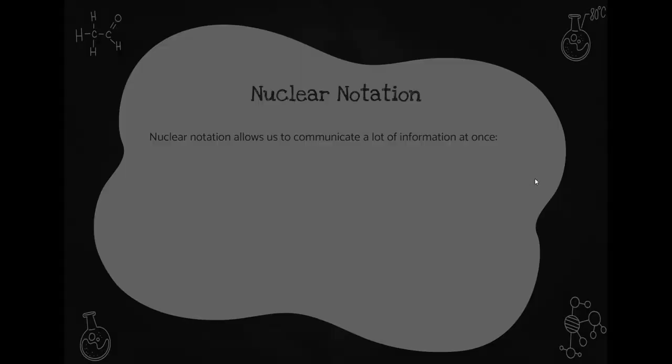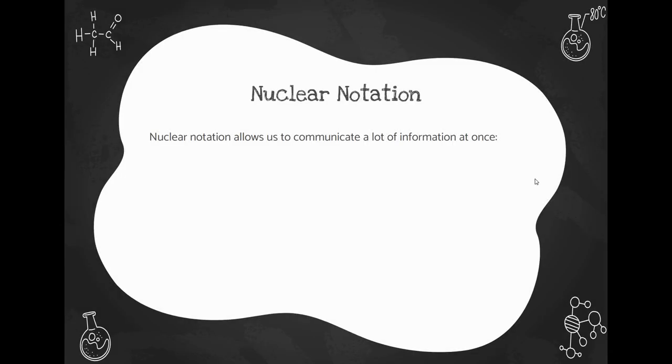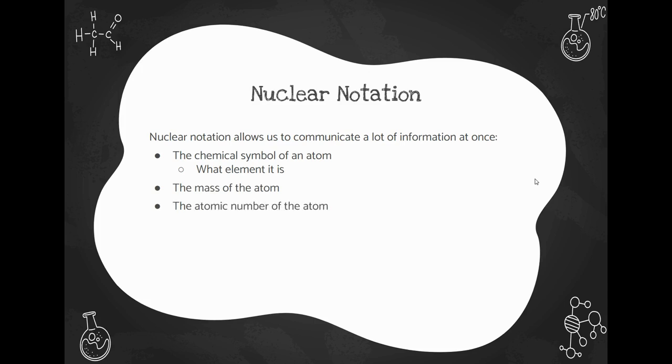So what is nuclear notation? Well, nuclear notation is a system that allows us to communicate a lot of information about an atom all at once. It gives us the chemical symbol of the atom, so what element it is. It tells us about the mass of the atom, the atomic number of the atom, and also the charge of the atom.